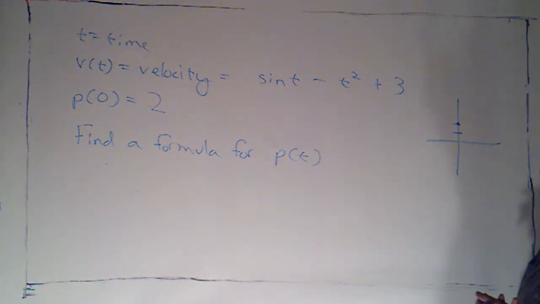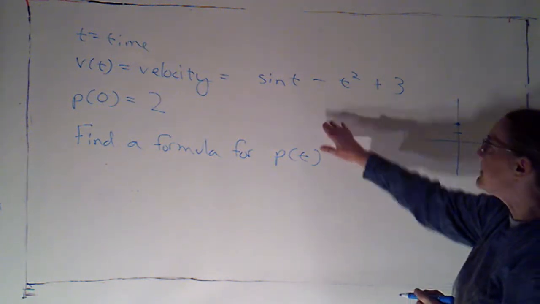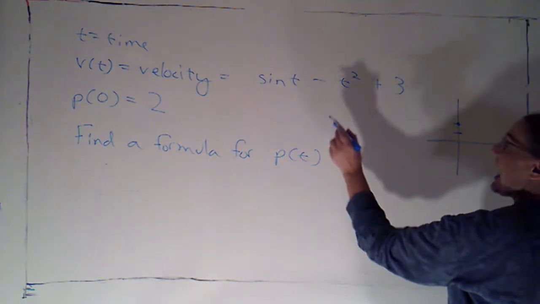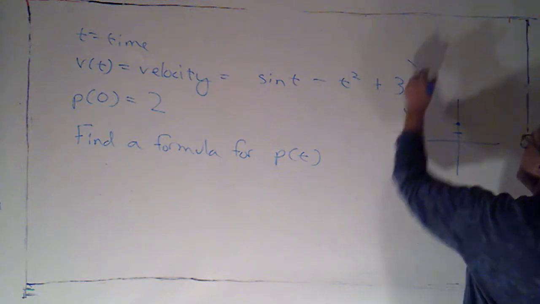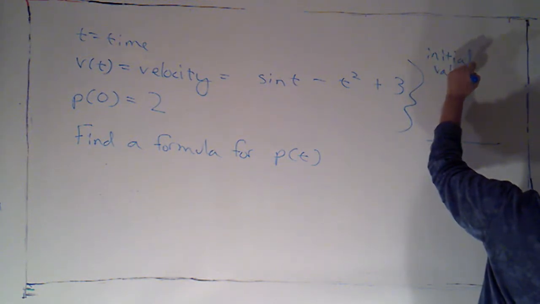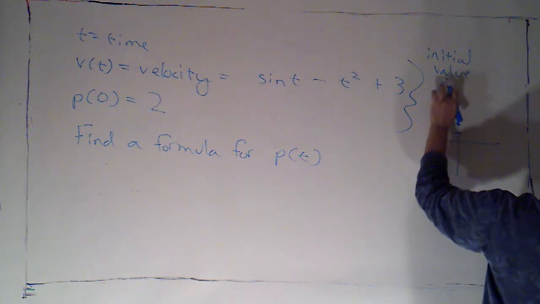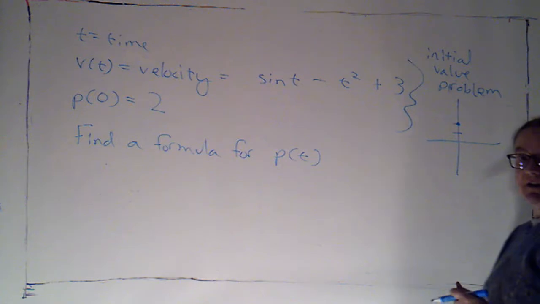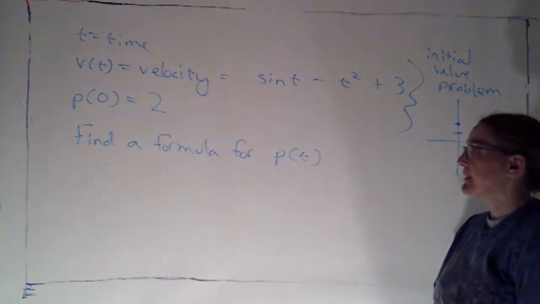When we have the derivative and a value like this, we call this an initial value problem. That means we're looking for one particular antiderivative rather than the entire family.